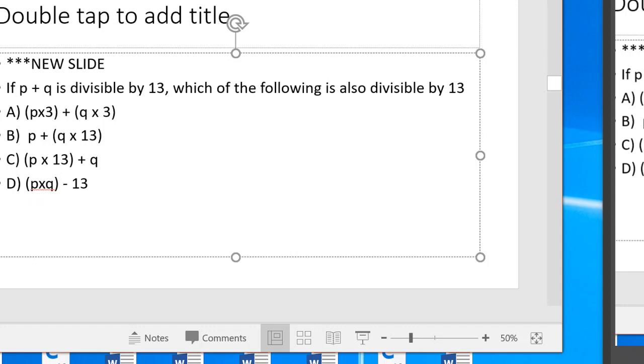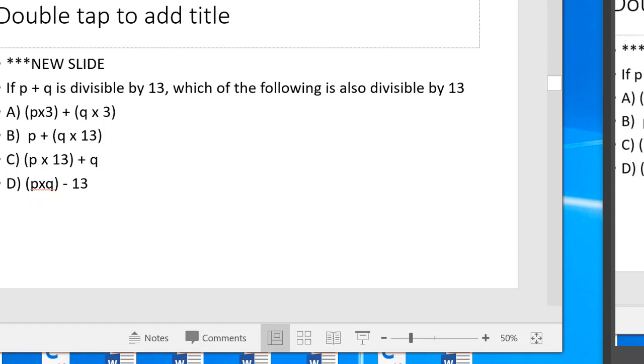So if you want to cover, all right, so if P plus Q is divisible by 13, which of the following is also divisible by 13? So what would I do there? Question? The next one. If P plus Q is divisible by 13, which of the following is also divisible by 13?